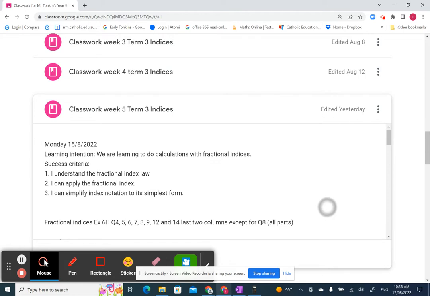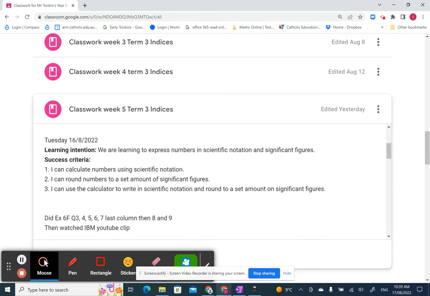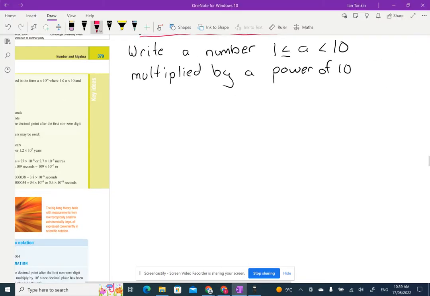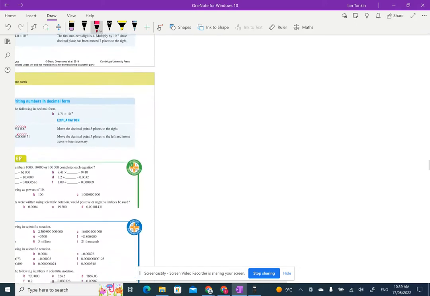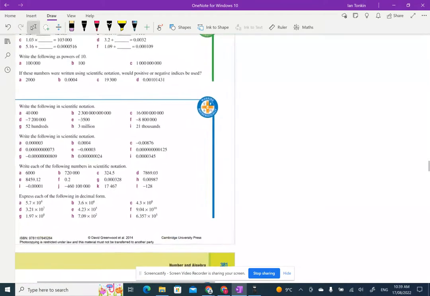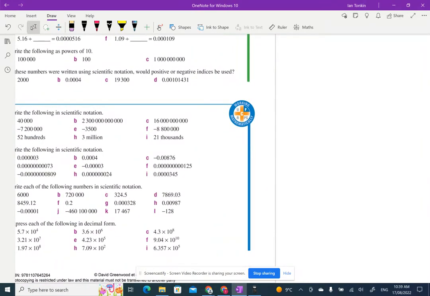So we're doing scientific notation, and we're doing 6F, 3, 4, 5, 6, 7, 8, 9 last columns. So let's just have a look at a couple of these. Now, let's just deal with the first ones, and I'm just going to do the last column, so you can have a go at these yourself.